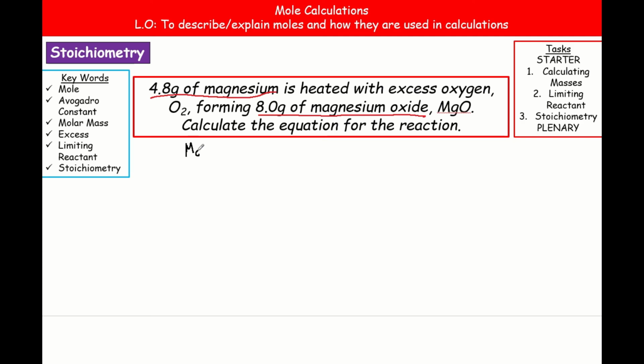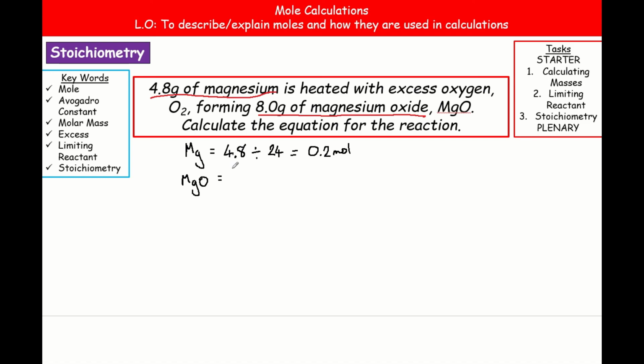So if we start off with magnesium, we've got 4.8 grams of magnesium, and the amount is the mass in grams divided by the molar mass. In the case of magnesium, the molar mass will just be its relative atomic mass, which is 24 from the periodic table. So that gives us 0.2 mole. Do the same for magnesium oxide.